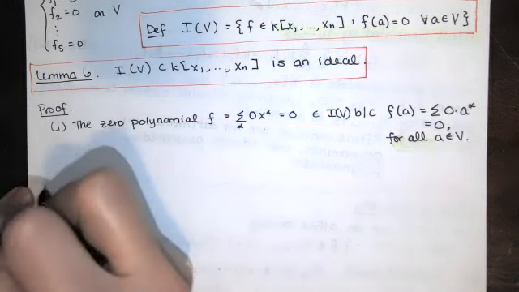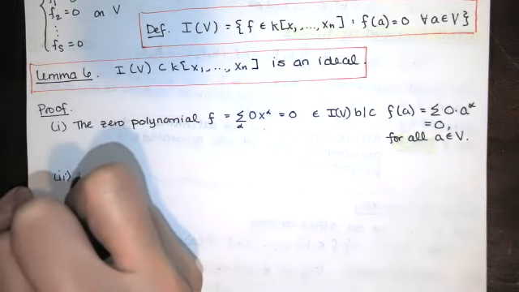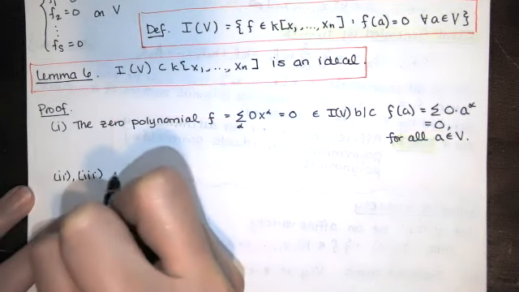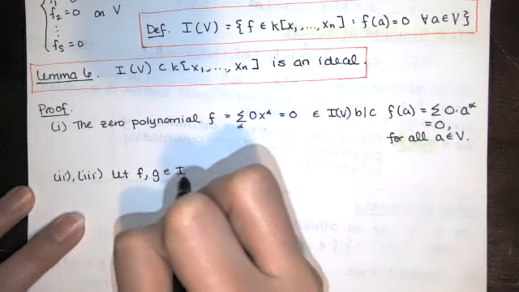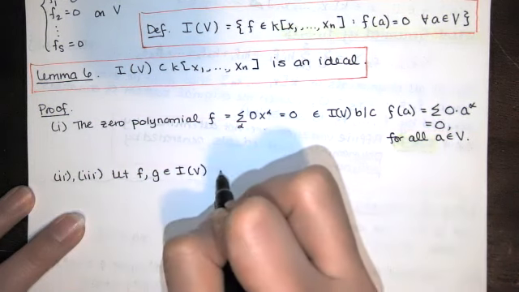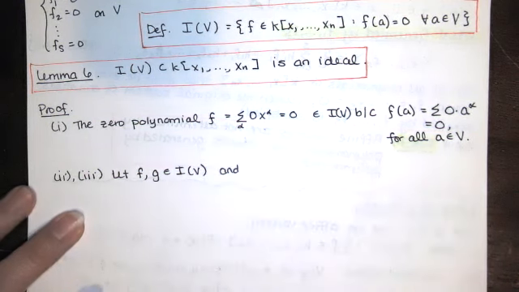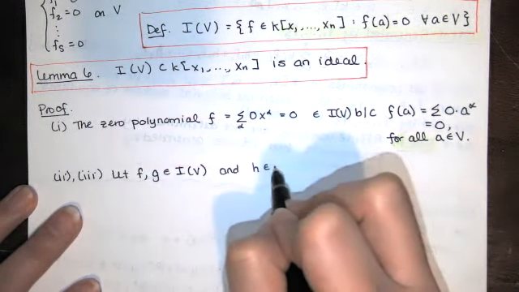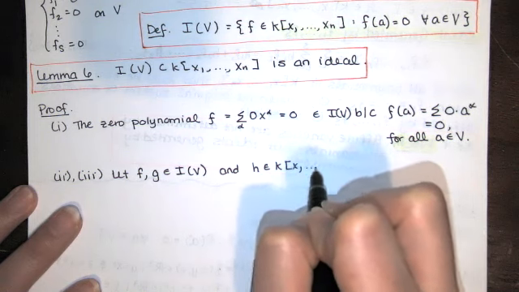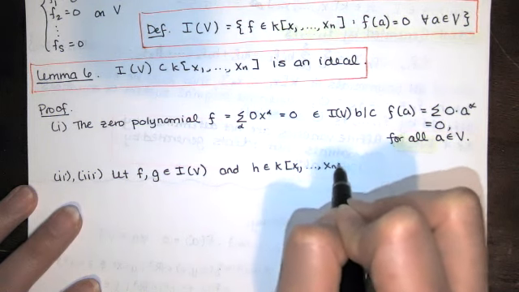Now we'd like to prove the second and third requirements. So let F and G be members of the ideal of the variety, this I of V that we're proving is an ideal. And let H be just some generic polynomial in our polynomial ring.